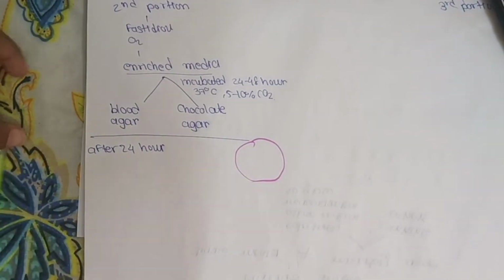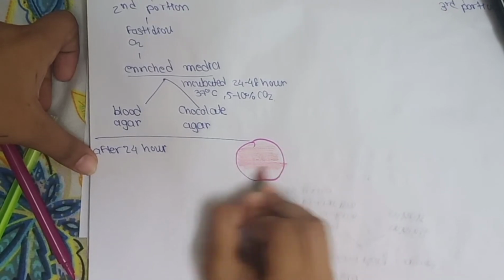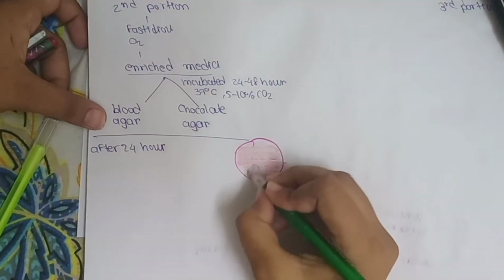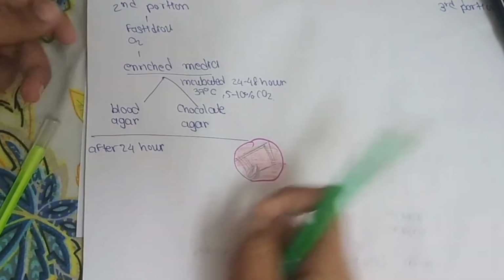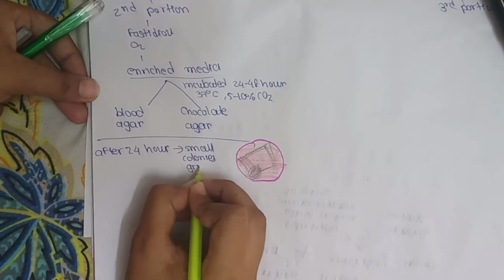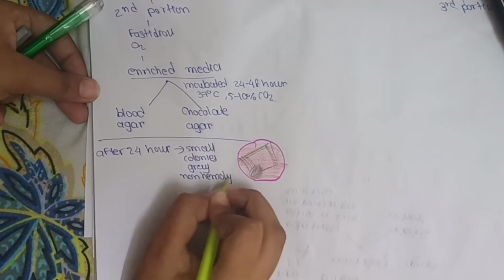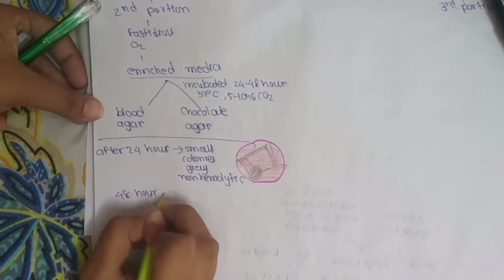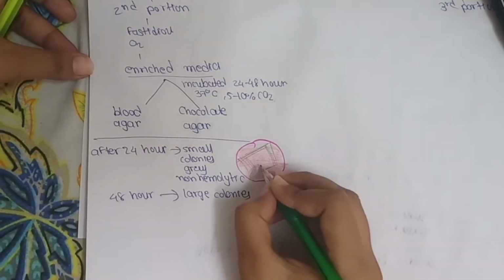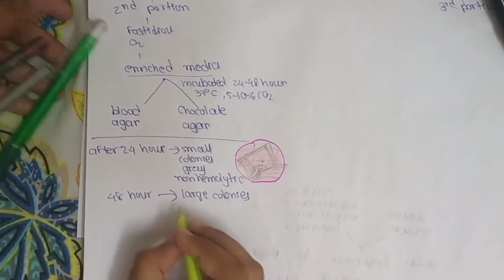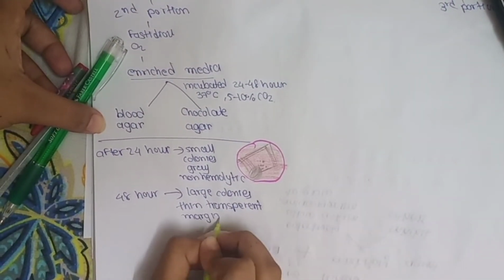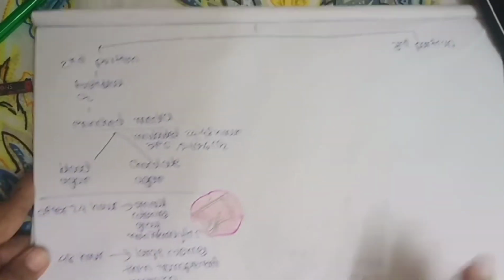Imagine that this is blood agar, and after inoculating the meningococcus, we will see grey colored small colonies, and no hemolysis. After 24 hours we see grey, convex, round, non-hemolytic colonies, and after 48 hours we see larger colonies with thin transparent margin and opaque ridged center.